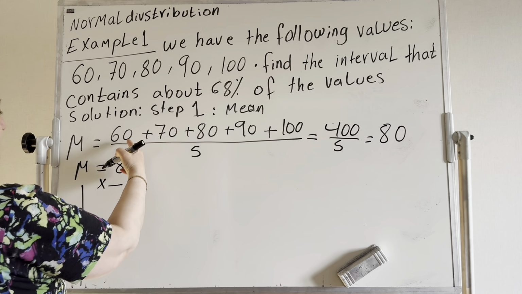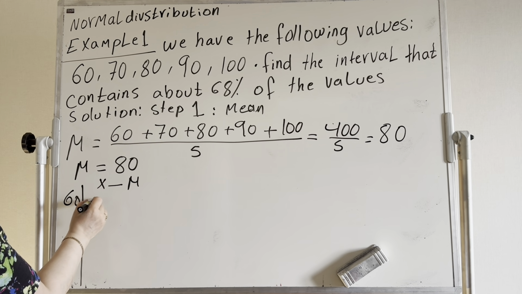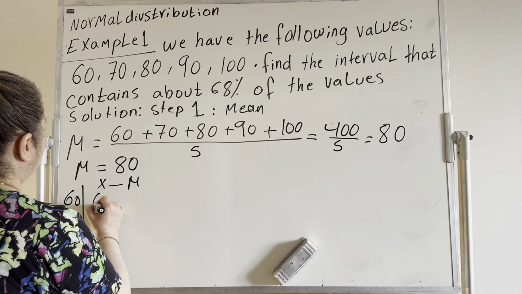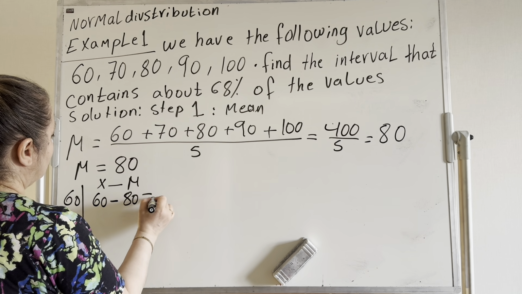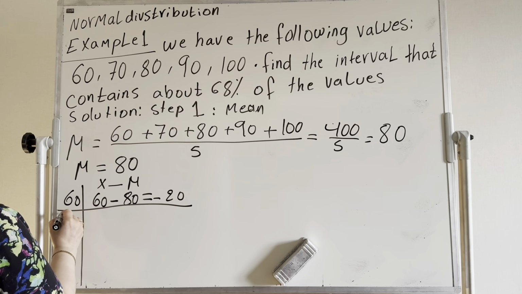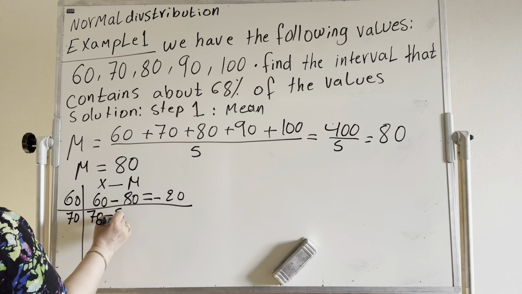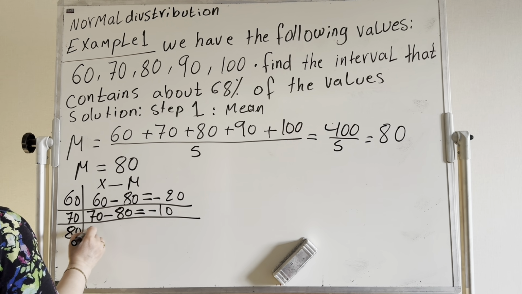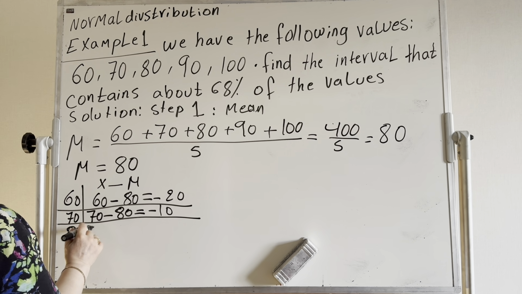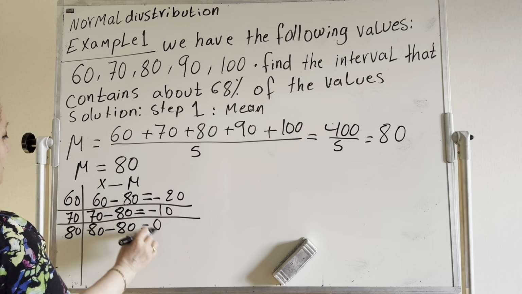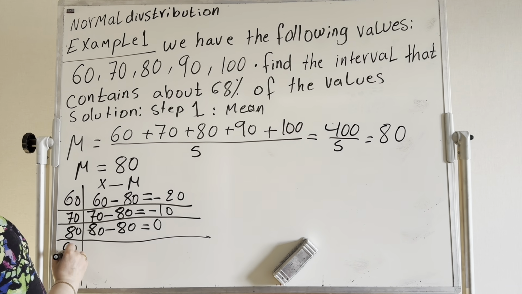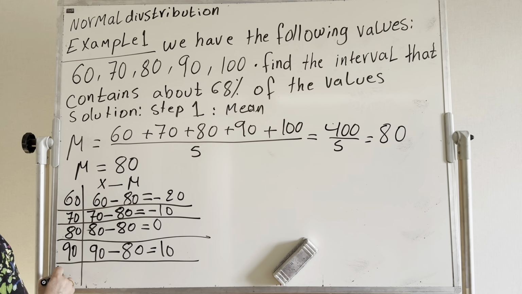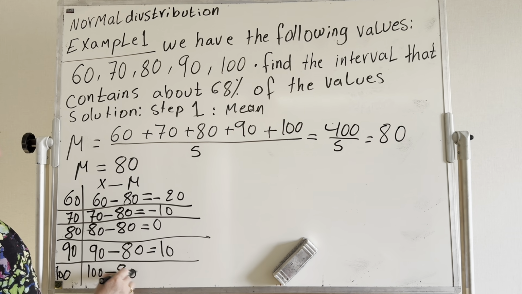I begin with x equal 60, so 60 minus 80 equals minus 20. 70 minus 80 equals minus 10. 80 minus 80 equals 0, and then 90 minus 80 equals 10, and the last, 100 minus 80 equals 20.